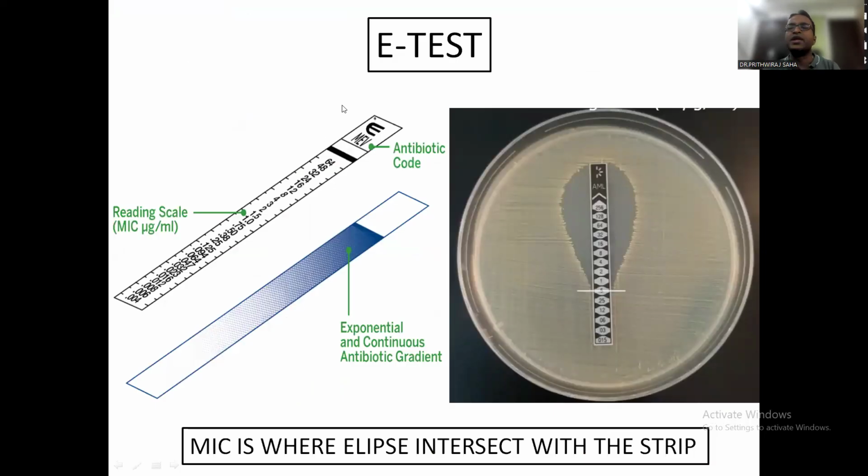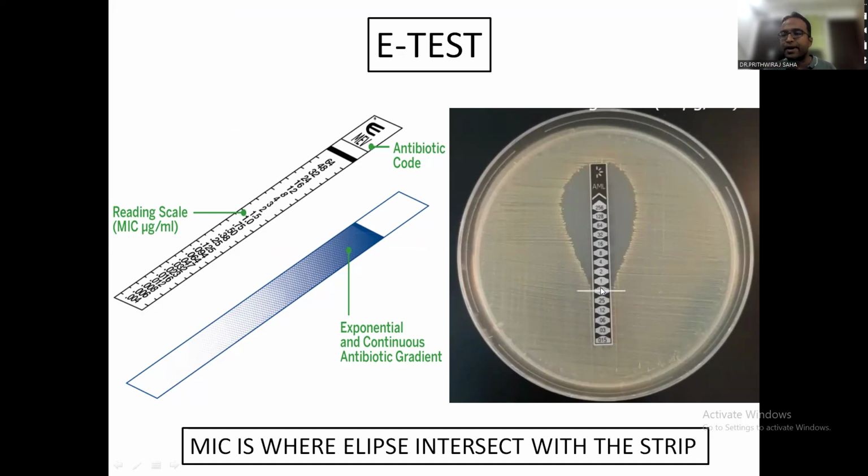This is for your exam. It may come as an MCQ or also in OSCE. This is the E-test, where a strip is placed on the antibiotic culture media, and there is an increasing gradient of antibiotic concentration. The point from where this ellipse starts to form is the point where inhibition starts, and the minimum concentration of antibiotic which inhibits growth is the MIC.